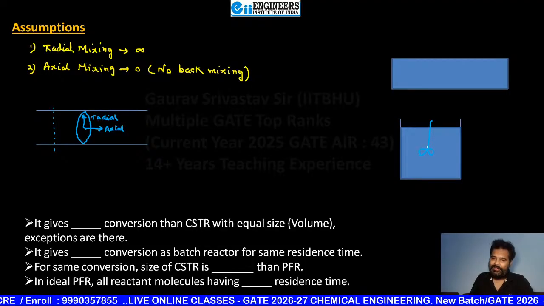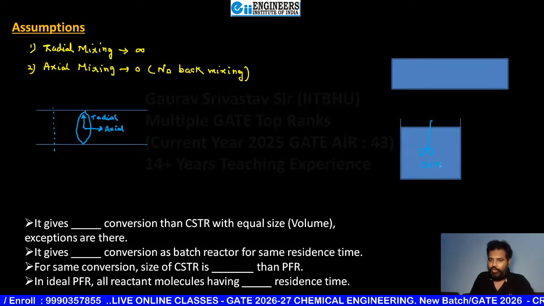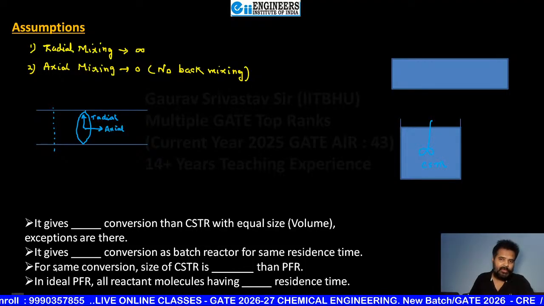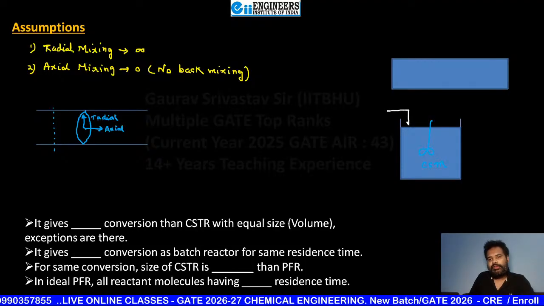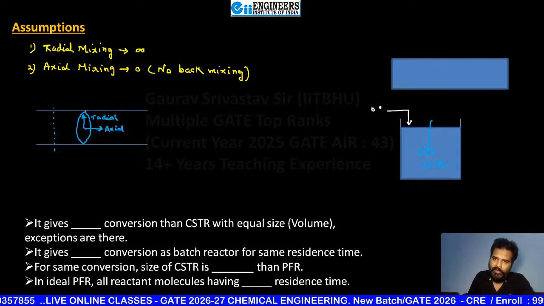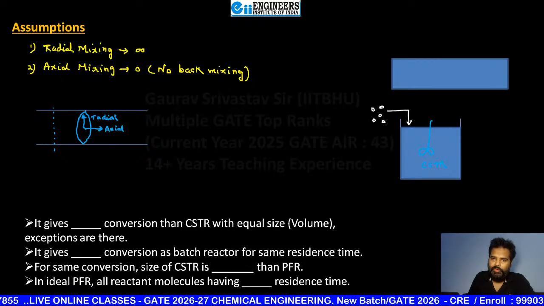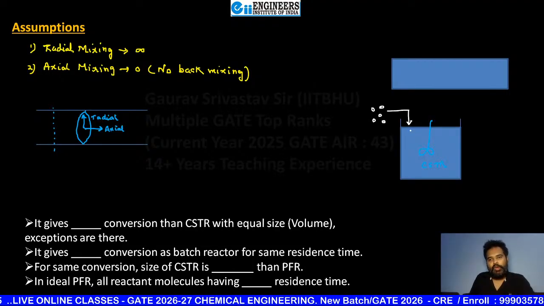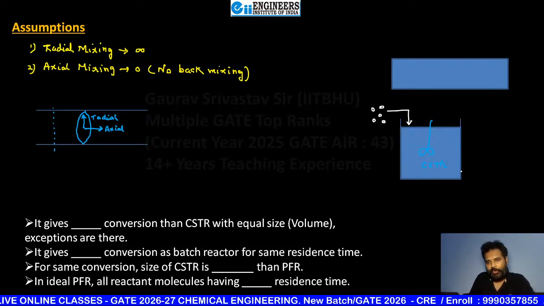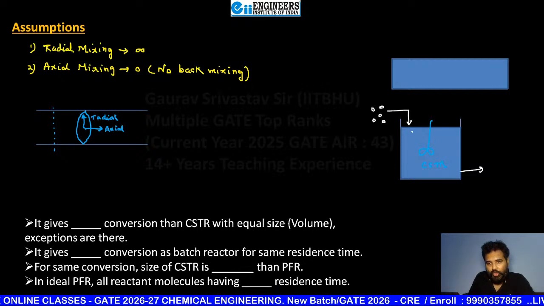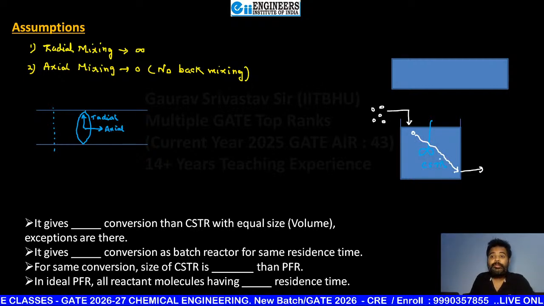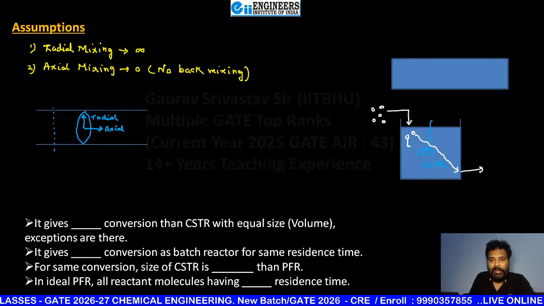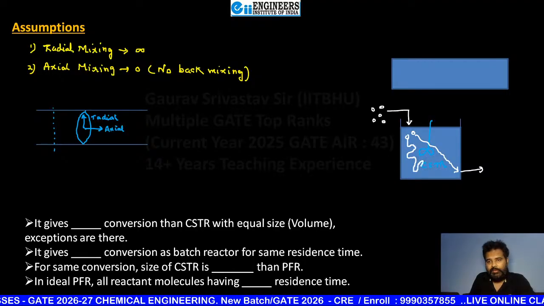One more thing. This is your CSTR. I just want to show a few things. Suppose these 5 molecules enter here, and this is the exit point. One molecule's path may be like this, a direct exit. The other molecule can go like this and now exit.